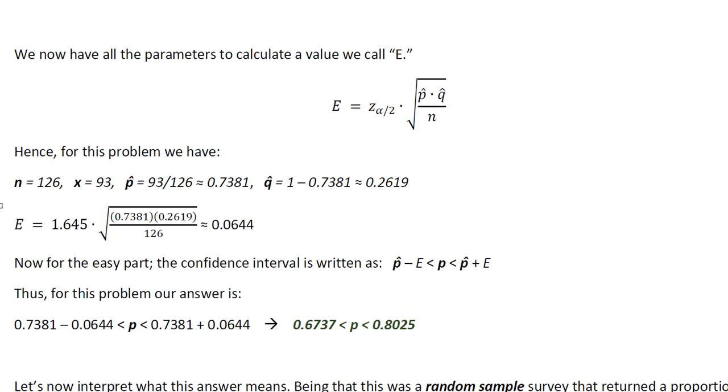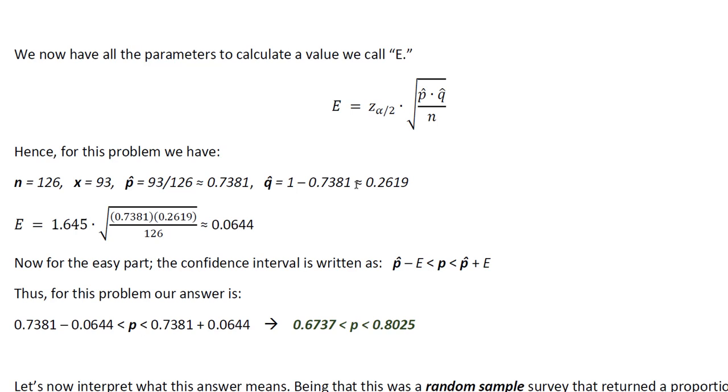For this problem, we now have n is 126, that's given to you in the problem. X is 93, also given to us in the problem. We have p hat, which is 93 over 126, or approximately equal to 0.7381. Q hat is equal to 1 minus p hat, and in this case, it's approximately equal to 0.2619.